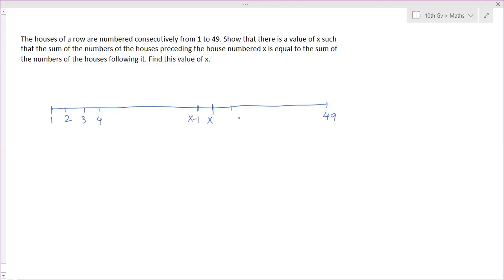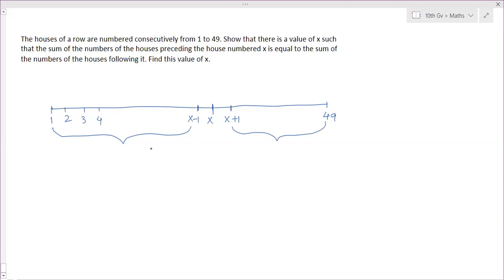After that, X plus 1. They are asking whether there is a number X between 1 to 49 such that the sum of the house numbers from 1 to X minus 1 and the sum of the remaining numbers on this side are equal to each other.